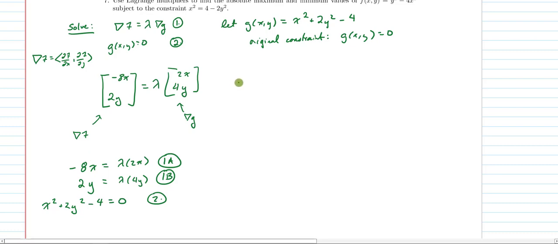The first thing is let's look at equation 1a there. What I can do is rewrite that as, so we've got minus 8x is equal to 2 lambda x. And if I take all the terms over to one side, we get 0 is equal to 2 lambda x plus 8x. And then in this case, it's relatively straightforward to write this expression here in factored form.